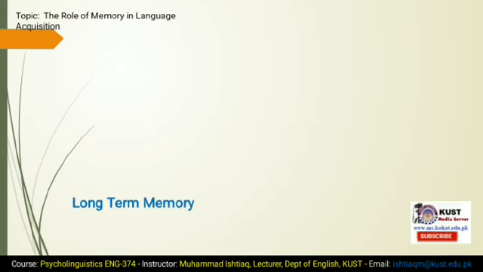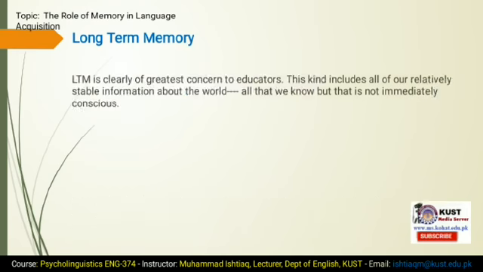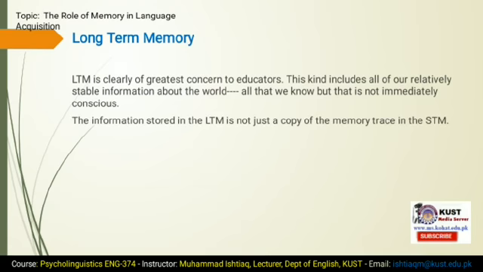So next is long-term memory. Long-term memory is clearly of greatest concern to educators. This kind includes all of our relatively stable information about the world, all that we know, but that is not immediately conscious. The information stored in the LTM, long-term memory, is not just a copy of the memory trace in the STM.